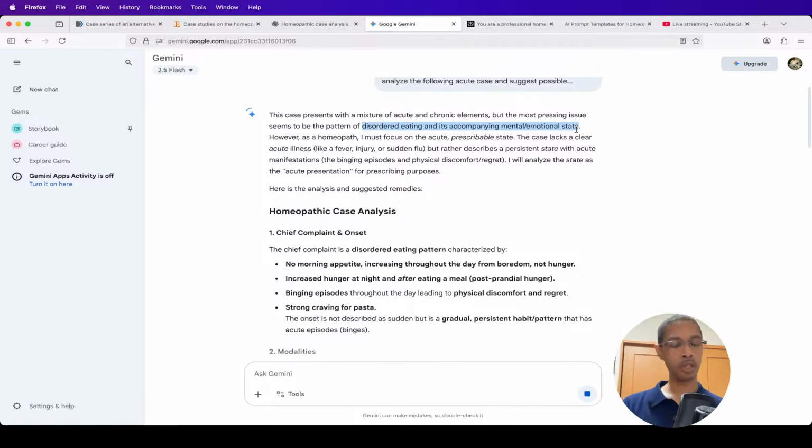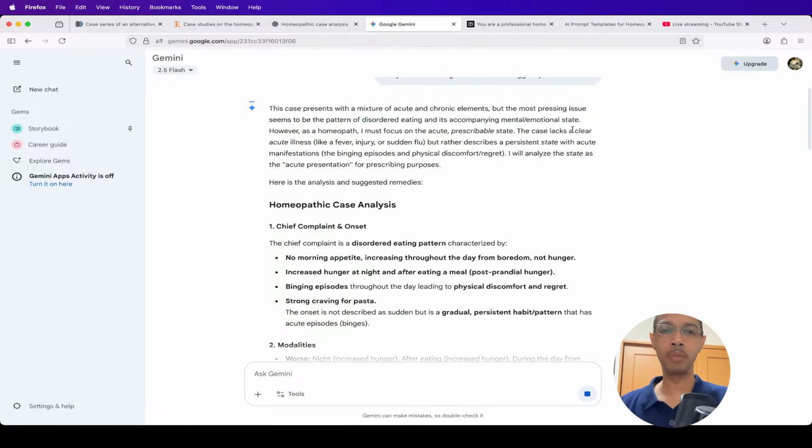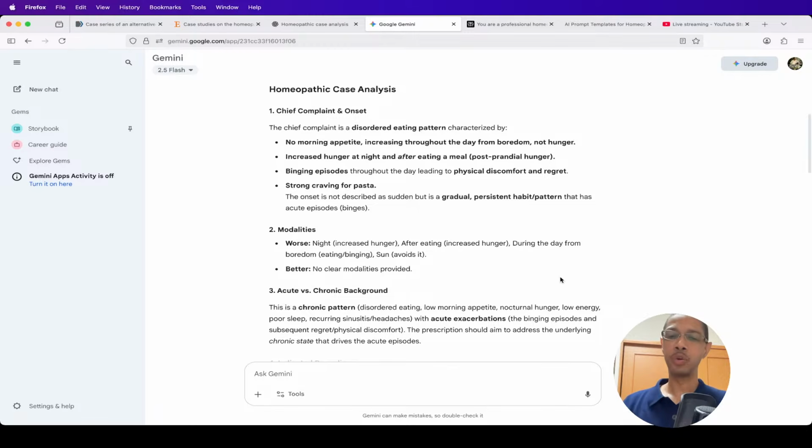So even though this is an acute prompt, it did recognize that this description was more of a chronic type of case. So if you had an acute, it would be more suited for this acute prompt if you had that case here.